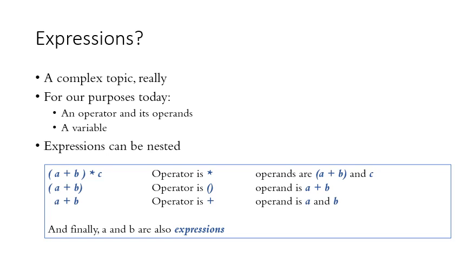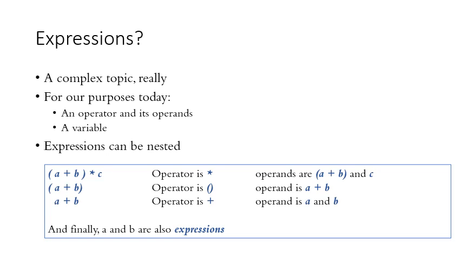So a plus b is another expression that is nested in the expression (a plus b) times c. The parenthesized a plus b is also an expression, but simpler, where the operator is the parenthesis, which essentially just groups the operand a plus b.